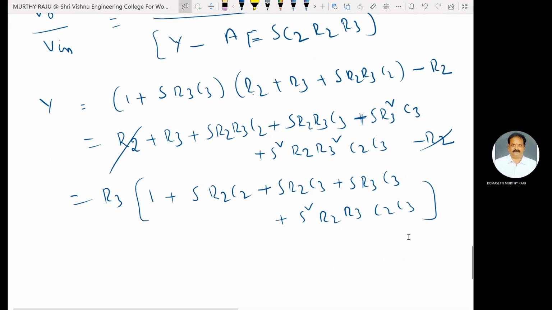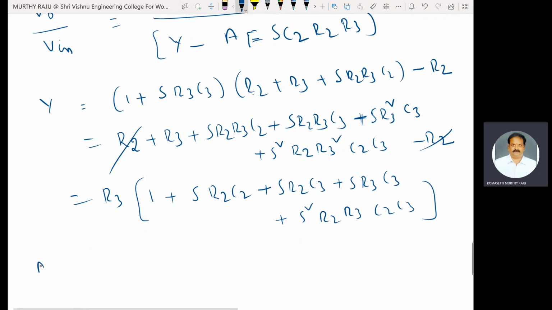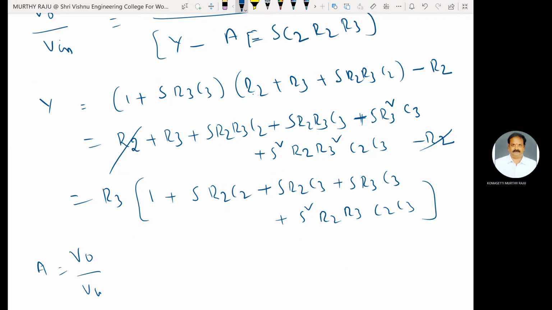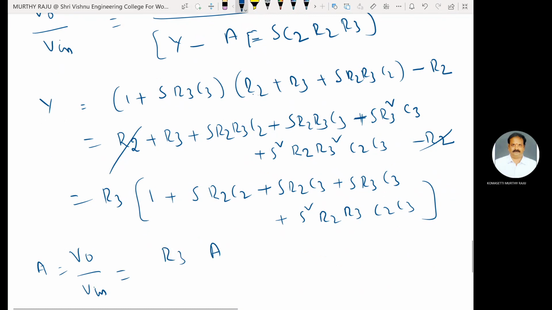Therefore, output voltage gain A is equal to V naught by V in is equal to R3 AF.